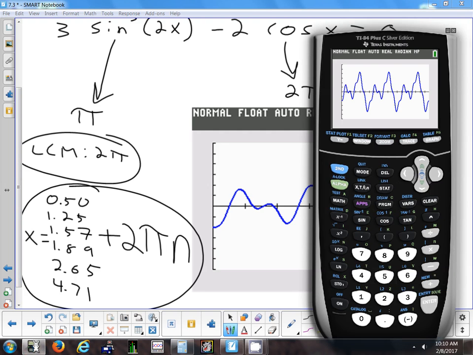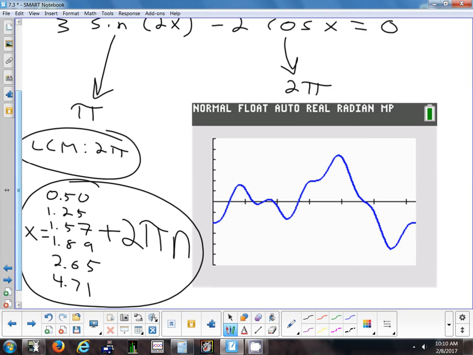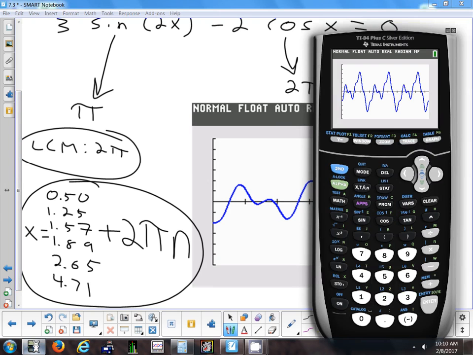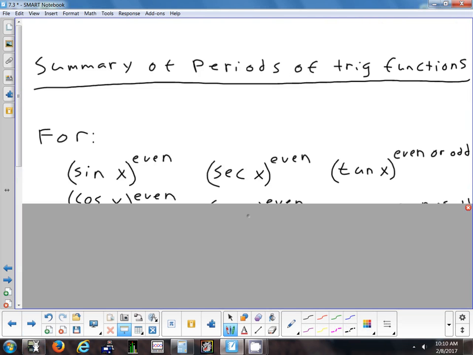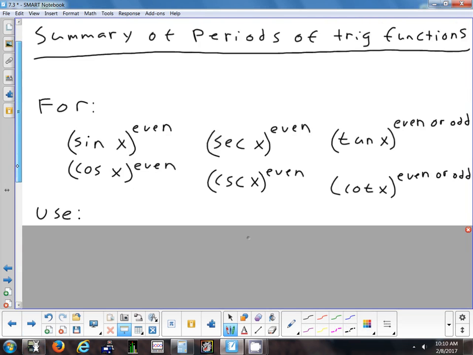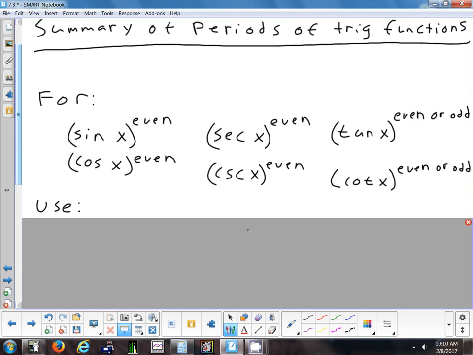So when you're doing that, we're only focusing on 1 period, but they might ask you to look at more than 1 period in other kinds of problems in the future. But you don't have to worry too much about that right now. All right, so we don't have to keep messing around, we looked at sine to an odd power, and I think we did cosine squared, so cosine to an even power.